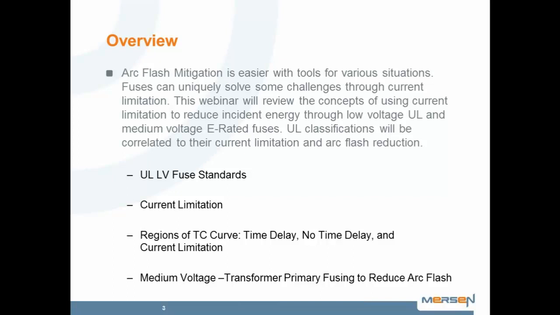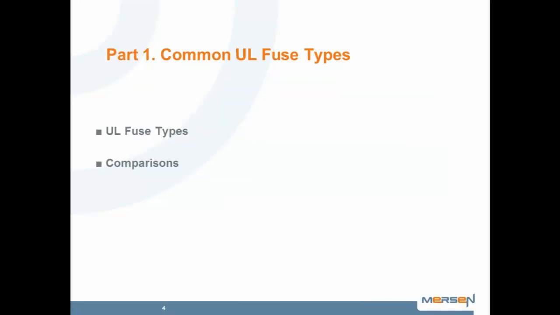And we are going to touch on medium voltage fusing to reduce arc flash. I think we will be successful in recording this presentation, so the slides hopefully will be available so you don't have to take great notes, but that's the plan.